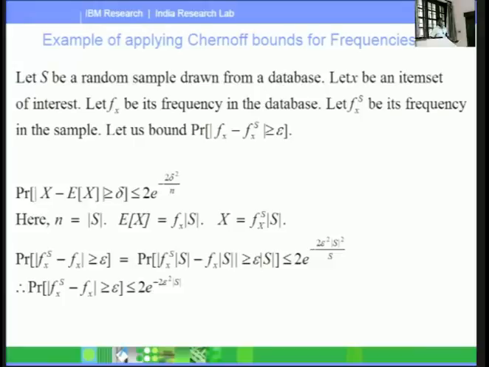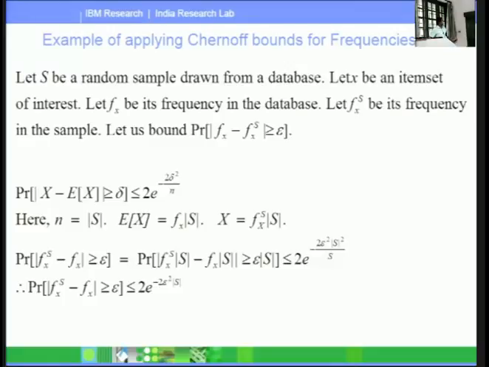How do I use Chernoff bounds for that? I'm taking S samples, and each experiment will try to see whether this particular element appears in the sample or not, and that will happen with a frequency fx.